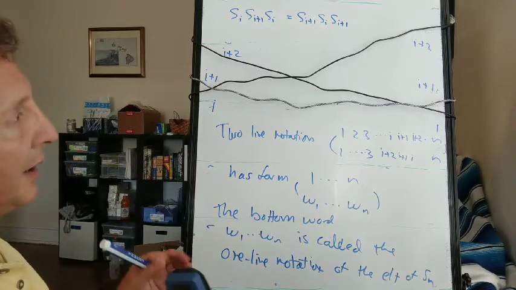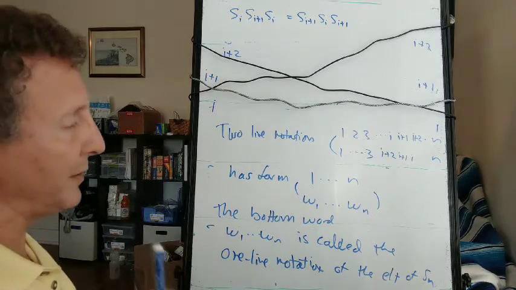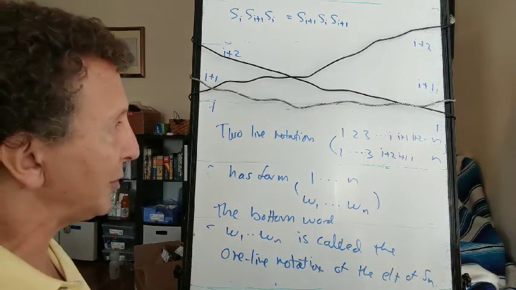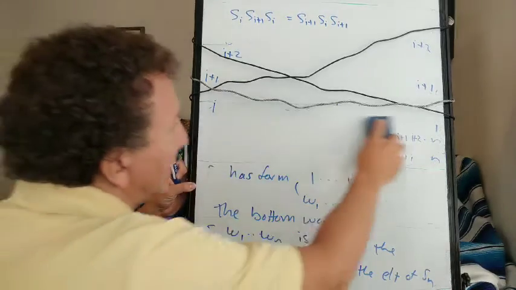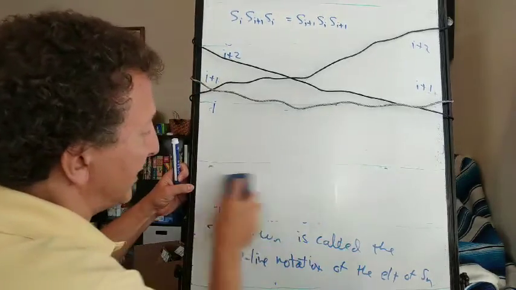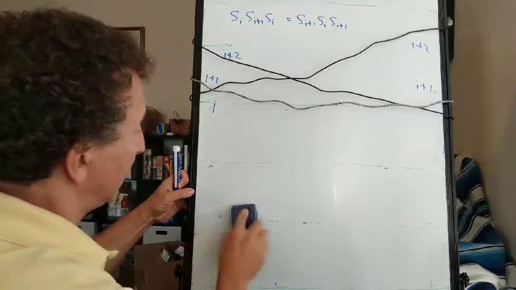Now, there's a direct connection between the generators and the one-line notation that doesn't use the wiring diagrams, which treats the generators as functions.